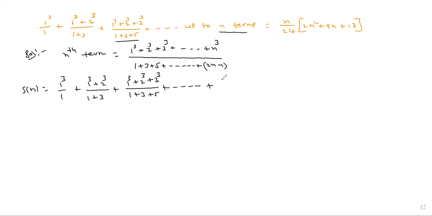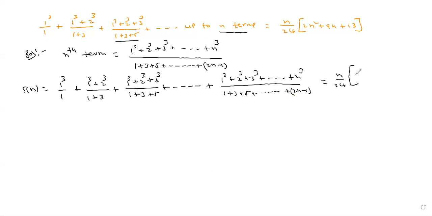In place of n terms, you just write the nth term: 1 cube plus 2 cube plus up to so on plus n cube by 1 plus 3 plus 5 plus up to so on plus 2n minus 1, which is equal to the RHS, n by 24 into 2n square plus 9n plus 13. So this is S of n.